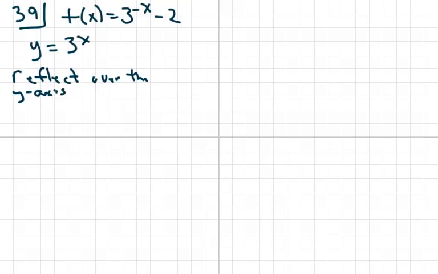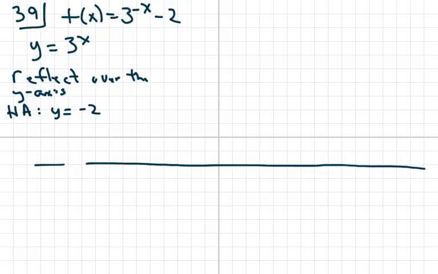Alright, so my new horizontal asymptote is y equals negative 2 because we're shifting it down by 2. So there's the horizontal asymptote.